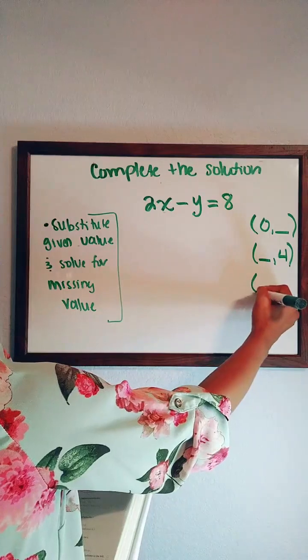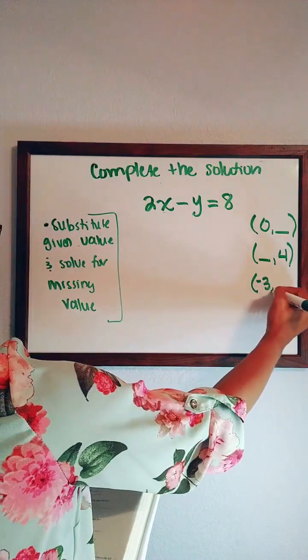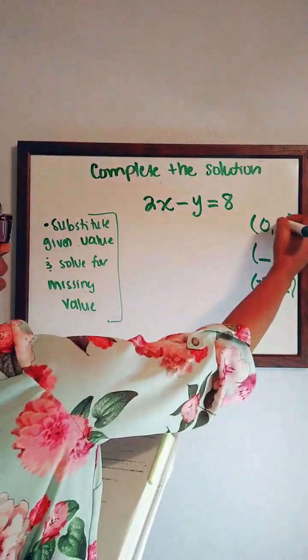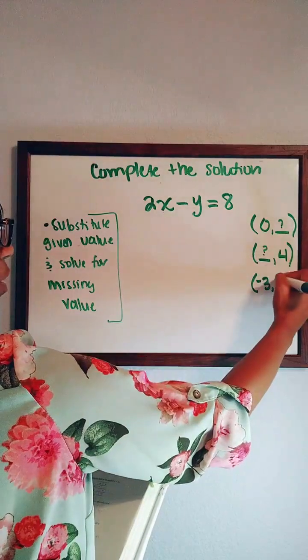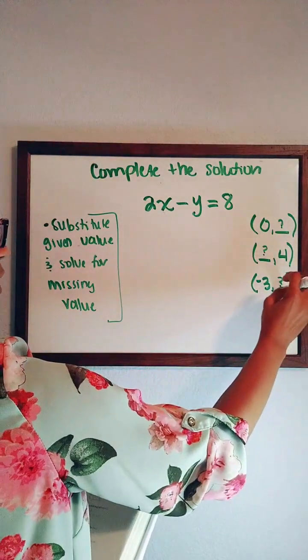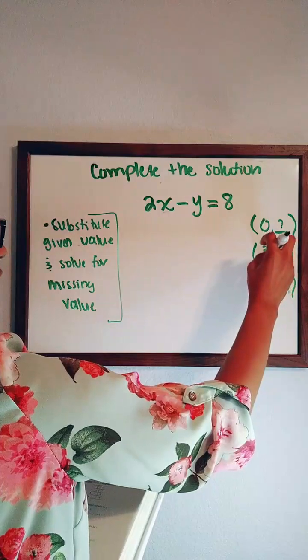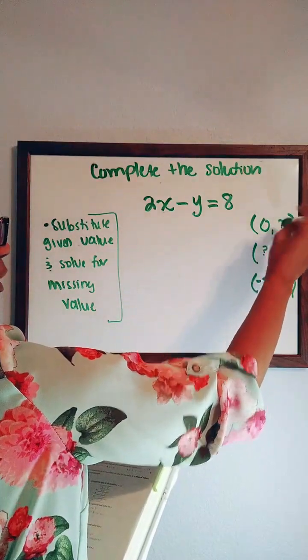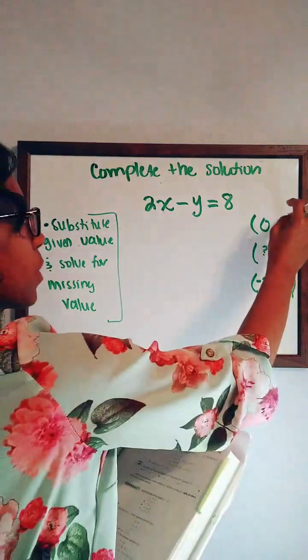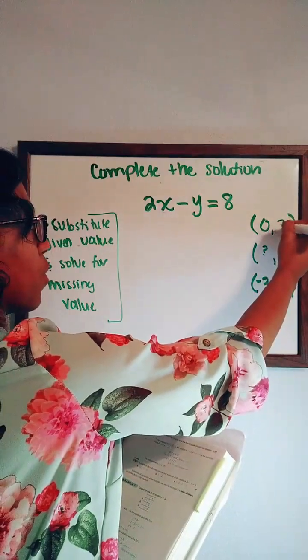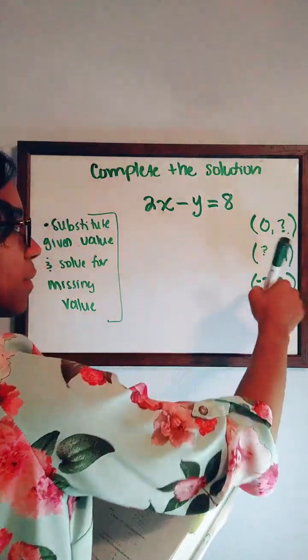And then the y value here. Okay, so I'm looking for these missing pieces. I don't want to use a line. I feel like that's too much going on. Okay, so these are my missing variables. I'm missing my y value, my x value, and my y value.